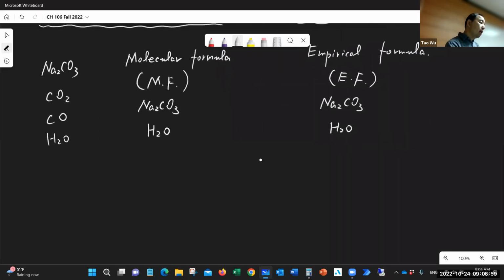But if we write sugar, C6H12O6, so this is a sugar, and it has 6 carbon, 12 hydrogen, and 6 oxygen in the whole sugar molecule.